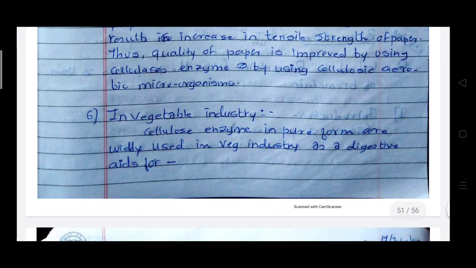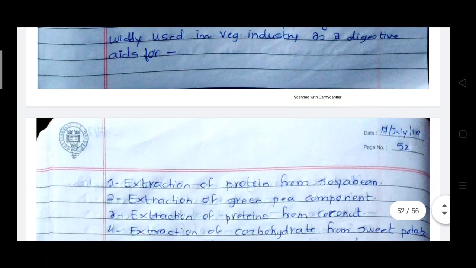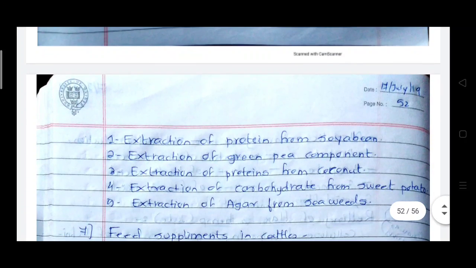Then the next application is in the vegetable industry. These cellulase enzymes in pure form are widely used in the vegetable industry as digestive aids for the extraction of protein from soybean, extraction of green pea components, extraction of protein from coconut, extraction of carbohydrates from sweet potato, and extraction of agar from seaweeds.